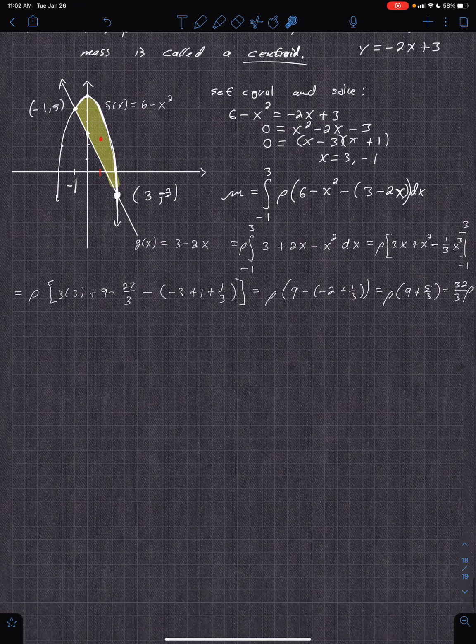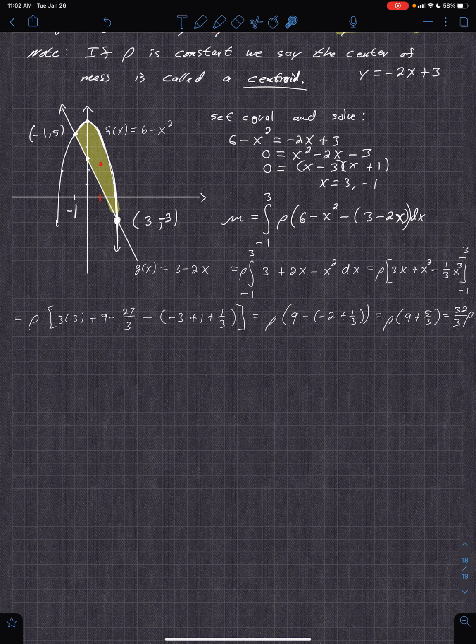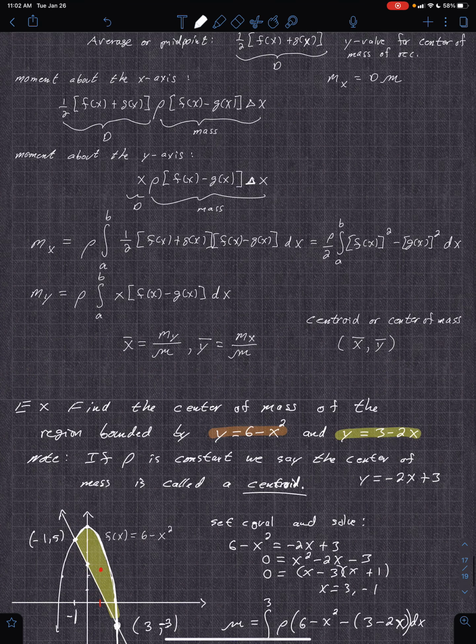Okay, so now do the moment about x. We will use these formulas above. For the moment about x, probably use this one right here. We already know f and g, and that f is always bigger than g, so we just substitute in.